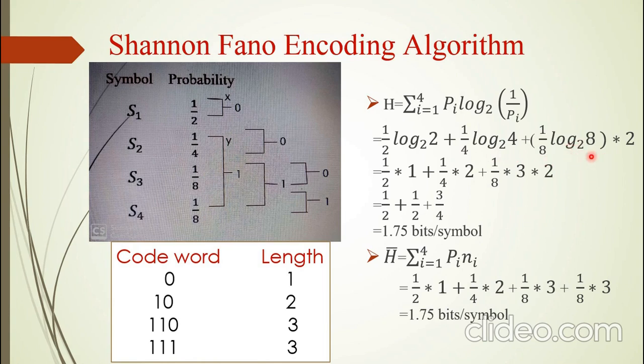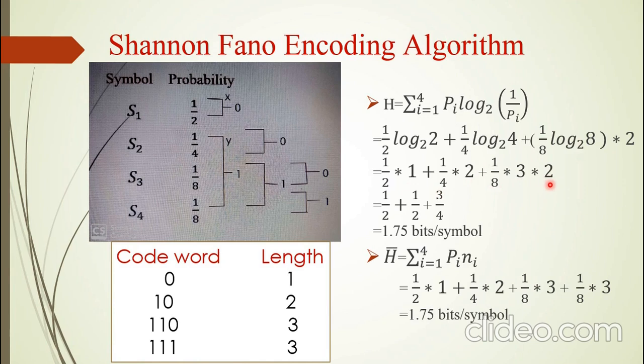If you calculate this, log base 2 2 is 1, log base 2 4 is 2, and log base 2 8's value is 3. So this has to be 1 by 2 into 1 plus 1 by 4 into 2 plus 1 by 8 into 3 into 2.